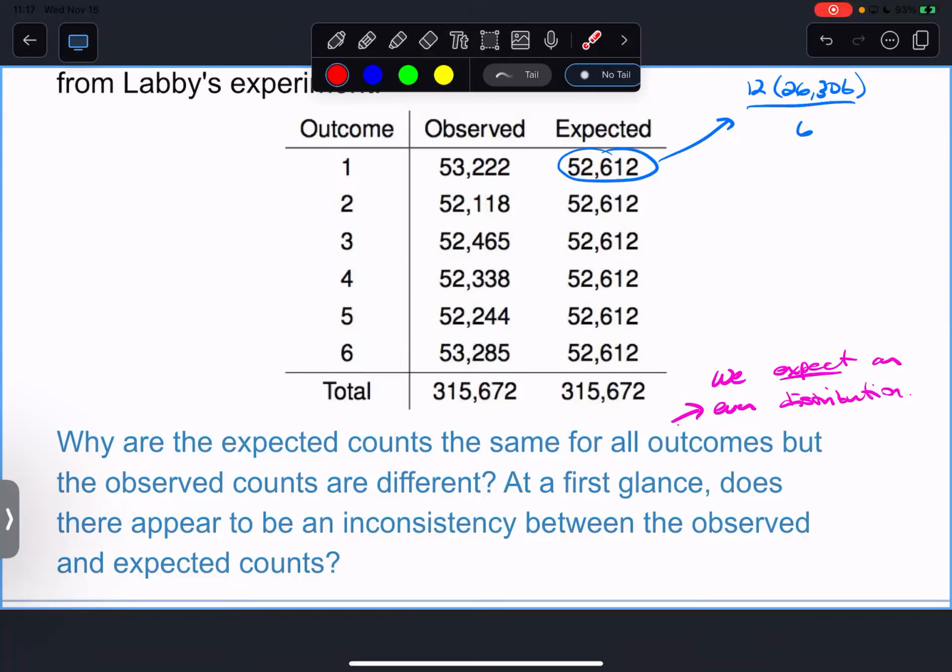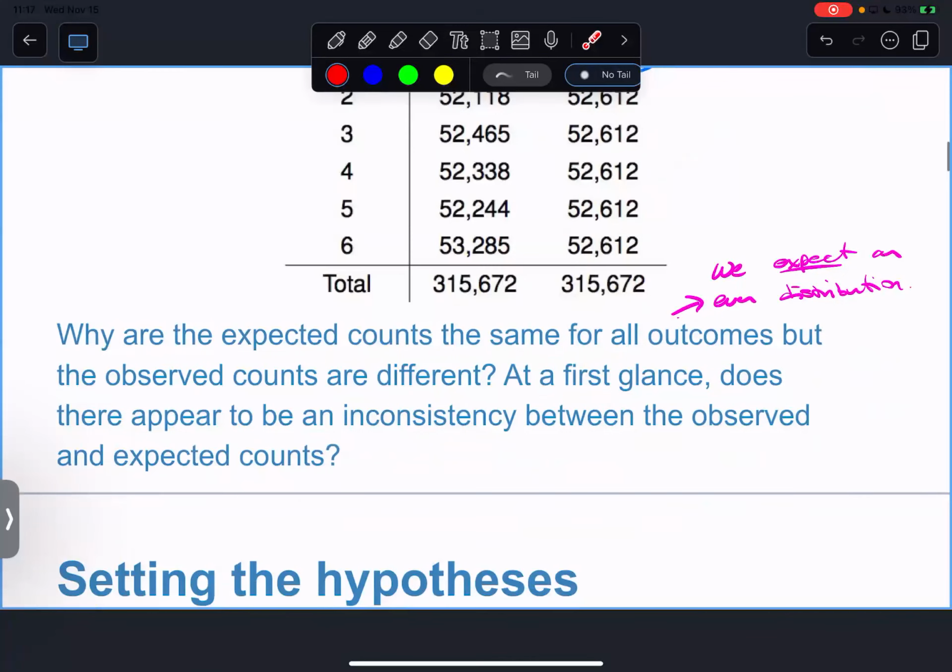And so we're going to get this holistic overview, not just individually the counts, but overall, how are they behaving when I compare it to the expected distribution?